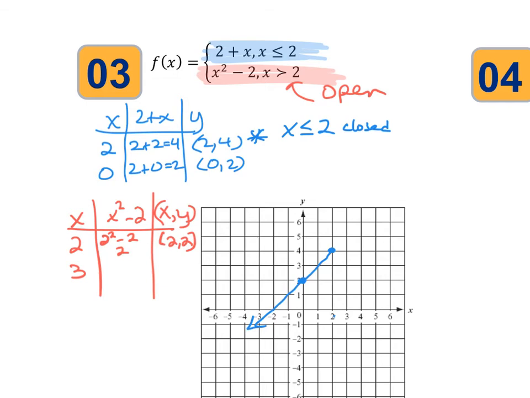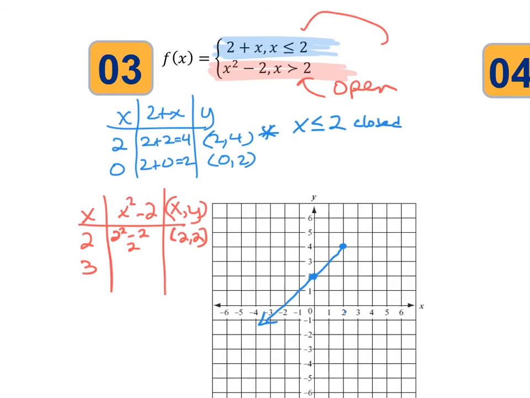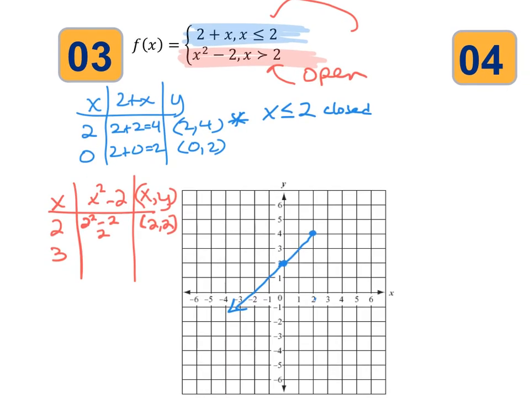So that's why you're always going to plug in the numbers that are here, but the difference will be if it's got a less than or equal to, or a greater than or equal to, then it's a closed circle on that number.